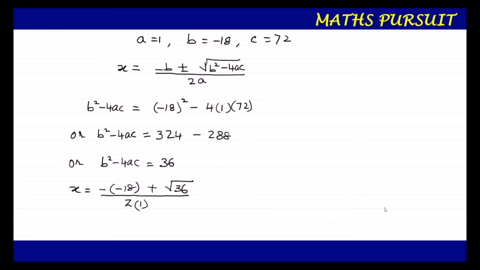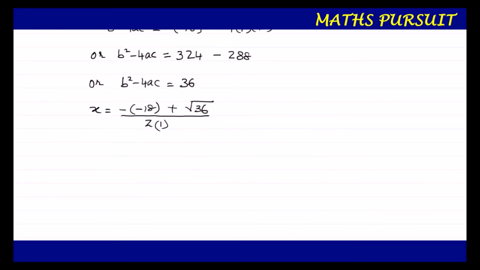Minus into minus became plus, so x = (18 ± √36) / 2. The square root of 36 is 6. So we got x = (18 ± 6) / 2.